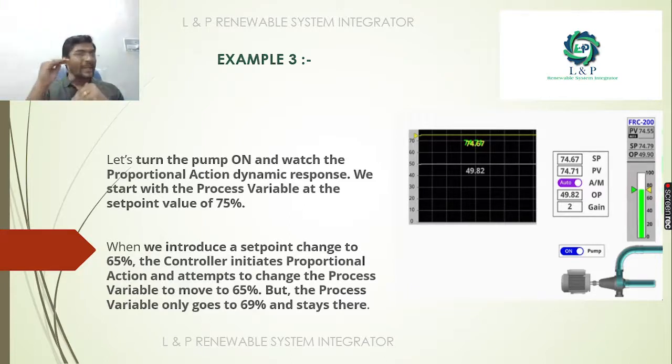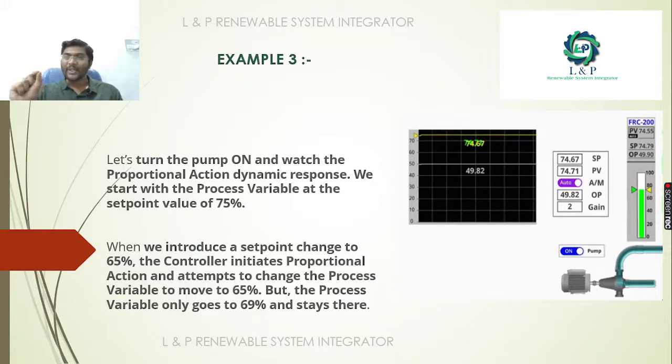If you want to calculate the error between these two, set point minus present value, 65 minus 75, we'll have a 10% change. We have a 10% error. 10 is the error value.